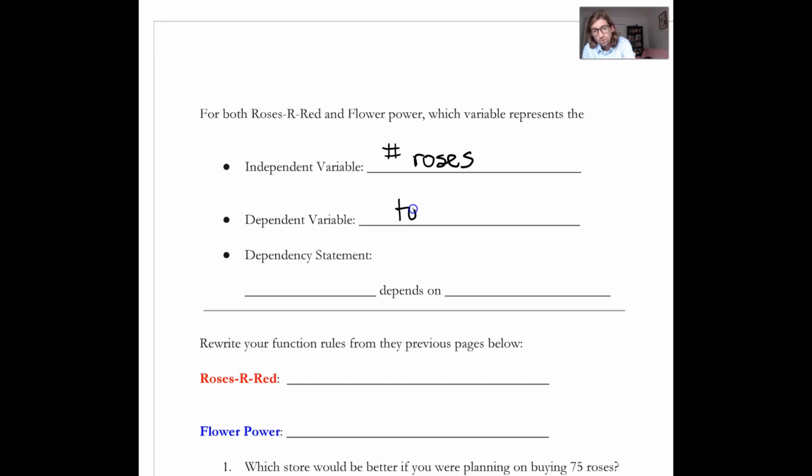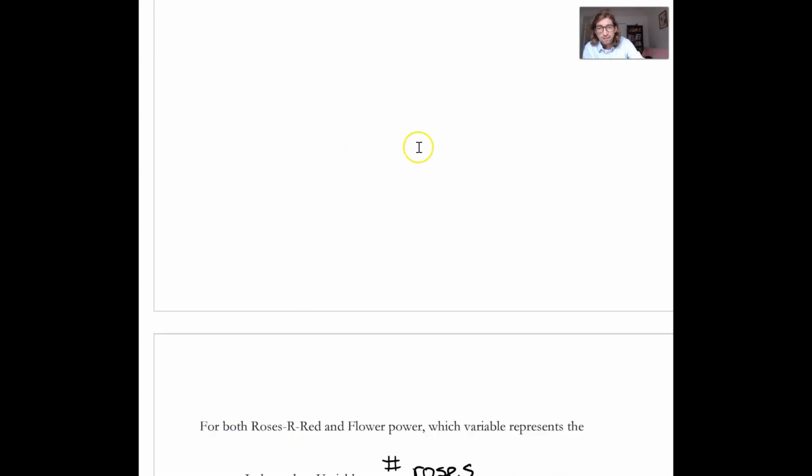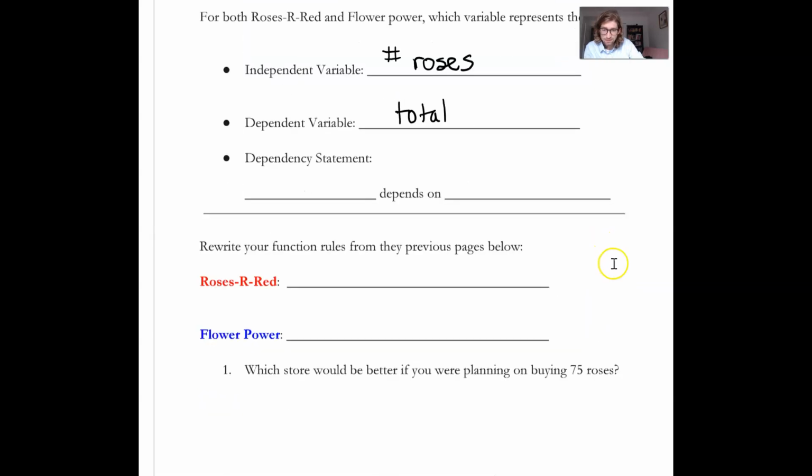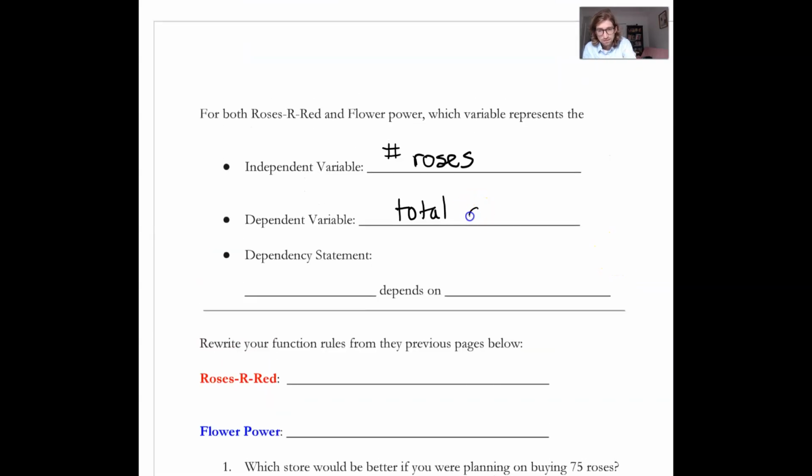That's going to be our total cost, the thing that we're calculating with our function. So the number of roses that we order tells us how much it's going to cost us. So writing our dependency statement, dependent depends on independent: our total cost depends on the number of roses ordered.